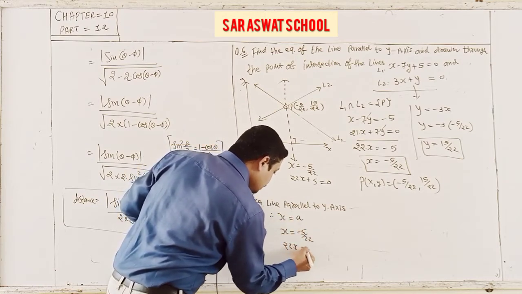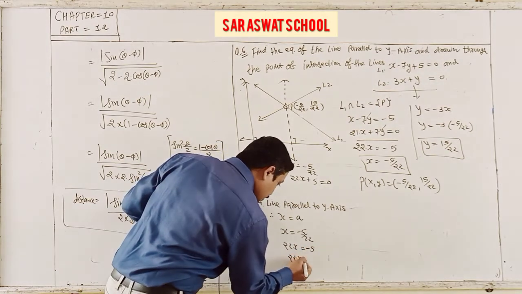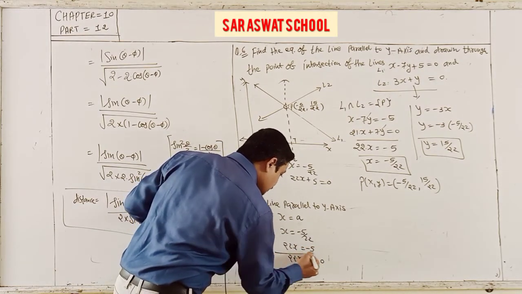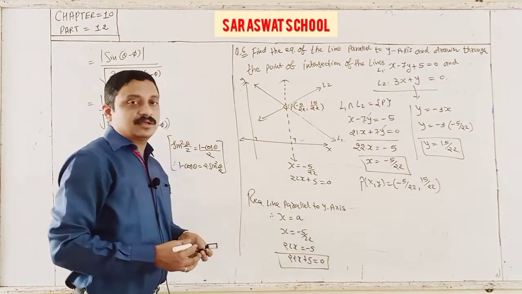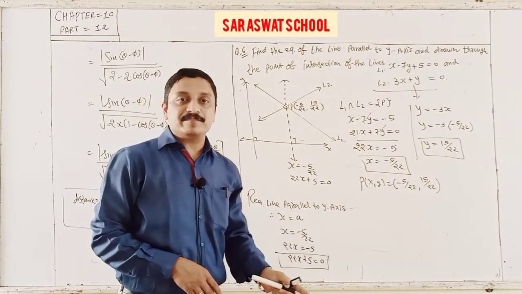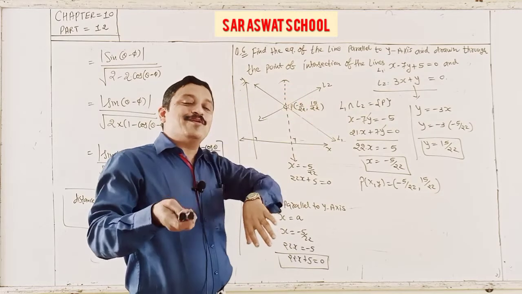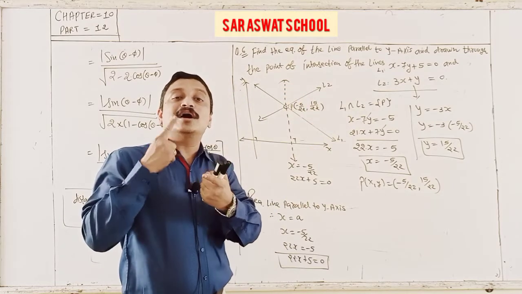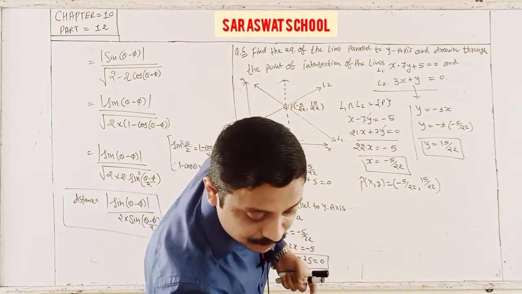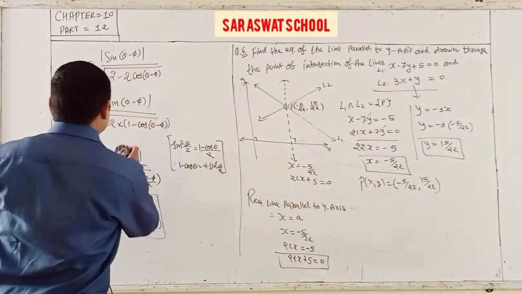So 22x is equal to minus 5. So 22x plus 5 is equal to 0, and that's your answer, students. It is parallel to y-axis and passing through the common intersection of L1 and L2. Next, question number 7.